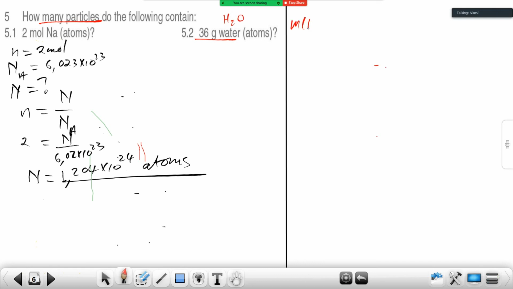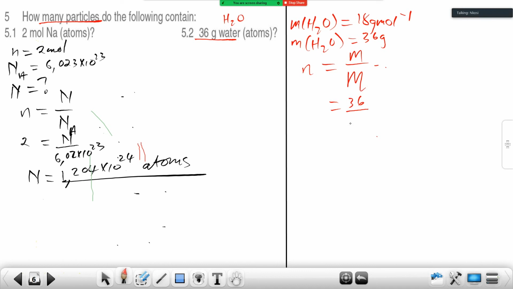I have calculated the molar mass of water, which is 18 grams per mole. And I am given the mass of H2O, which is 36 grams. So from n, I can say m divided by M. This will be 36 divided by 18.